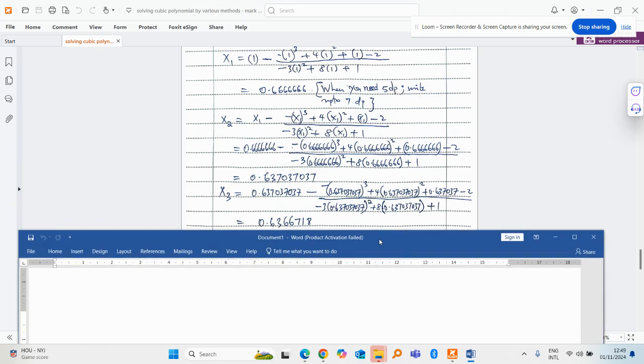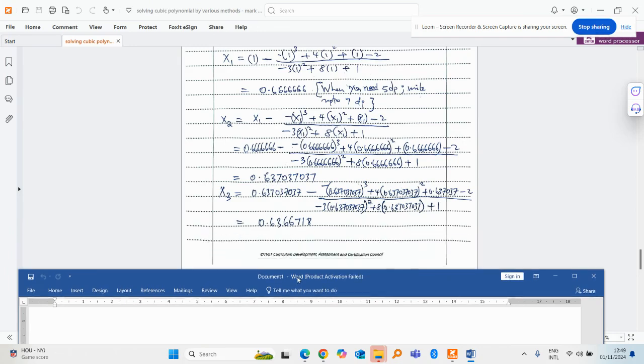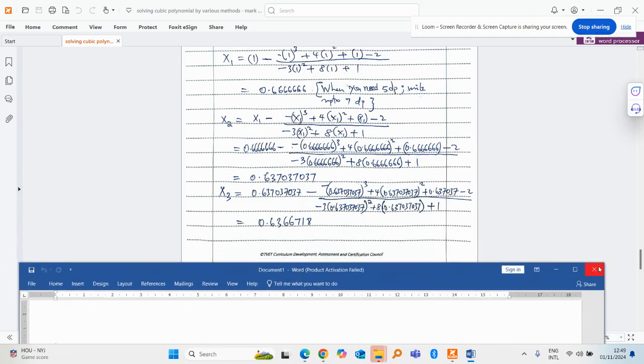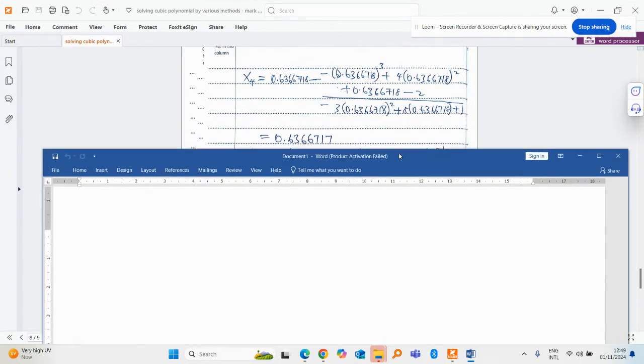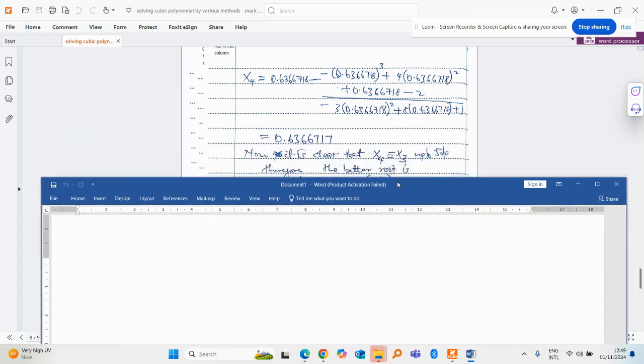And as we move along, we compare our answers for x with the previous iteration values. So we see that these two answers, x2 and x3, only compare up to 2 decimal places. So that means we can still do more iterations. Placing the third value, as you can see, that is the answer we get once we do our fourth iteration.